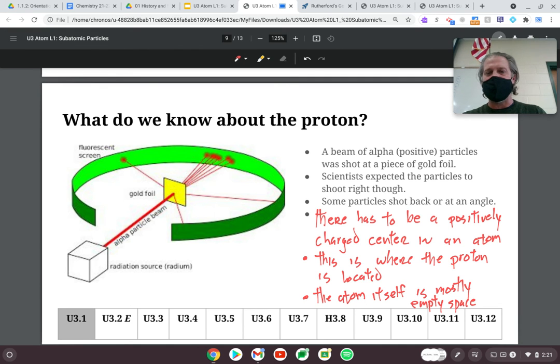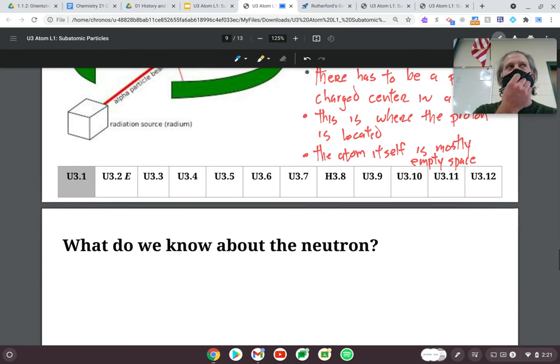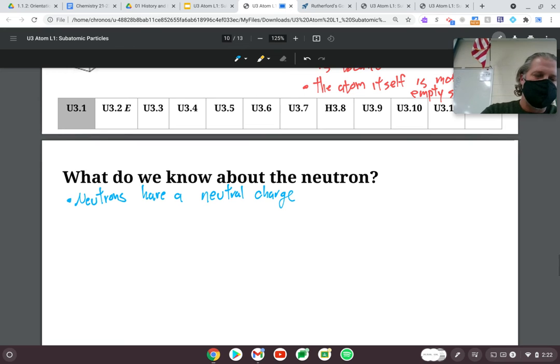So we're going to move on. What do you know about the neutron? Anybody? Neutrons have a neutral charge. Do we know anything else about them? They are in the nucleus of the atom.